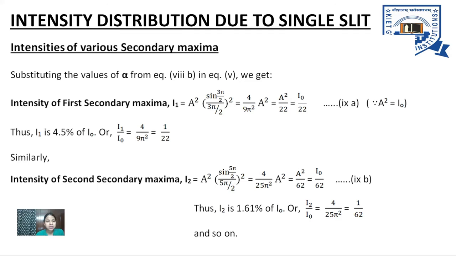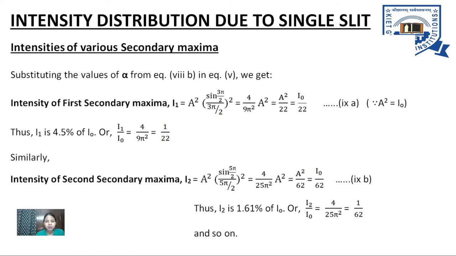Let us find out the intensity of first secondary maxima, which we denote by I1. So this I1 becomes A square sine square of 3 pi by 2 upon (3 pi by 2) whole square, which is equal to 4 upon 9 pi square A square, which is equal to A square upon 22. Since A square is the intensity of central maximum, we can write that as I naught.